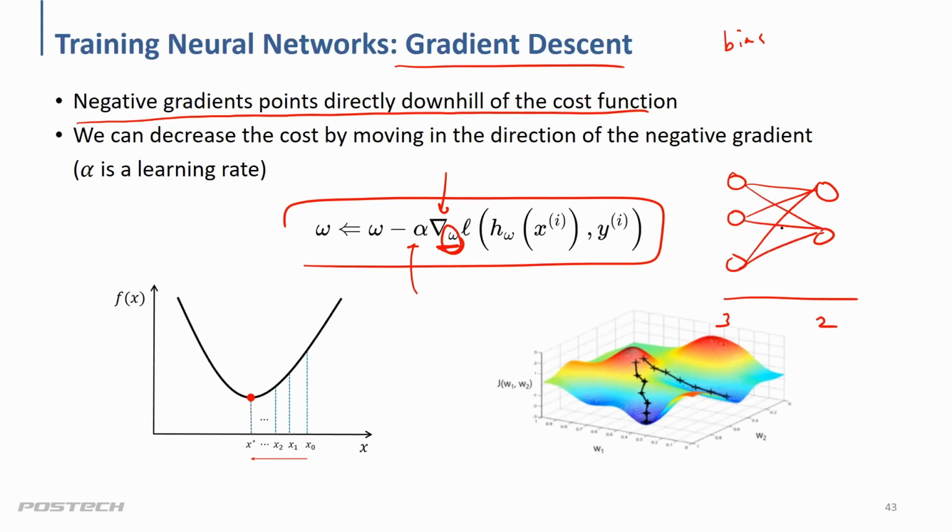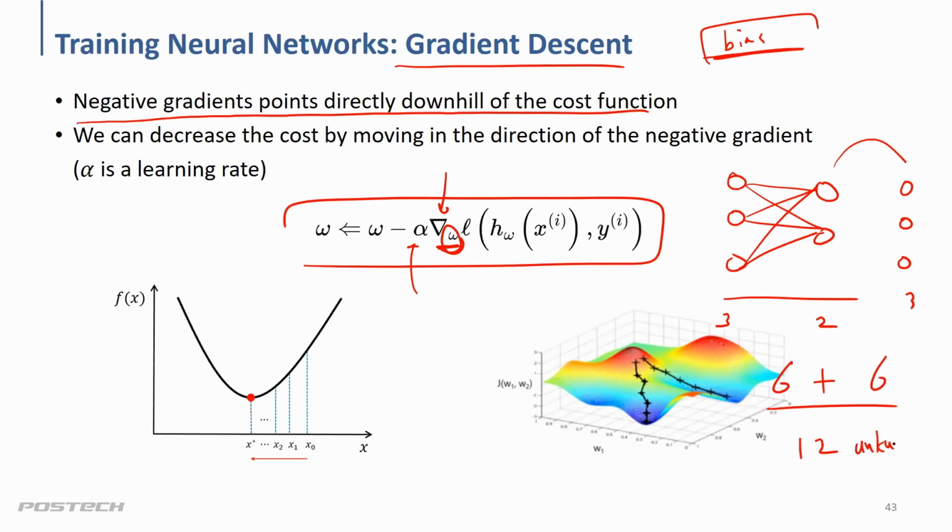For simplicity, I'm going to exclude bias. So here we need 6 weights, and suppose we have another 3, then how many lines here? 12. Another 6, right? So in total we have 12 unknown variables.